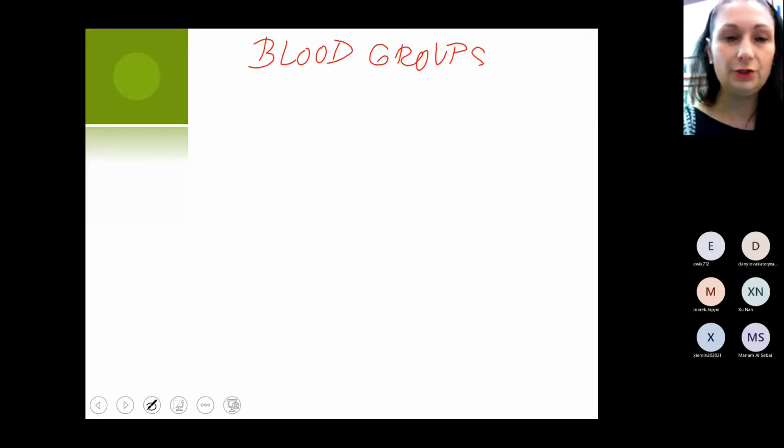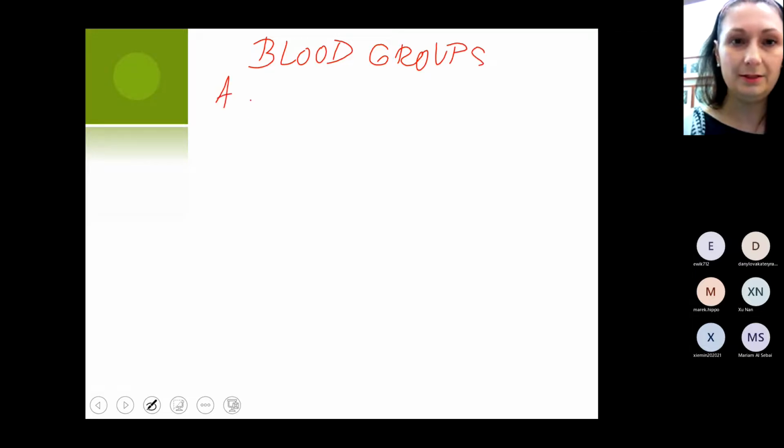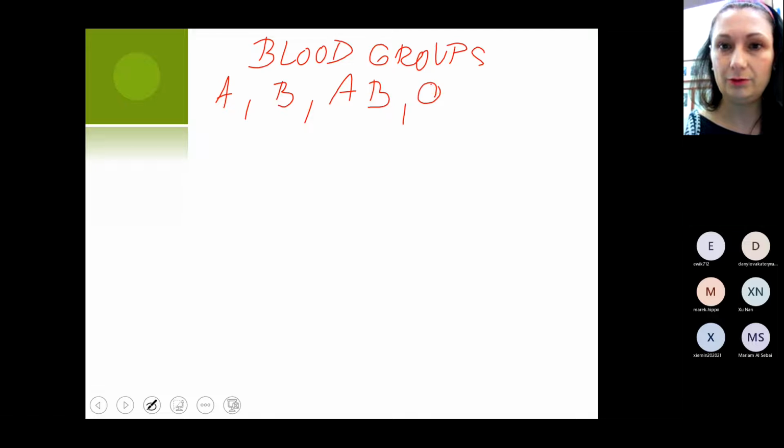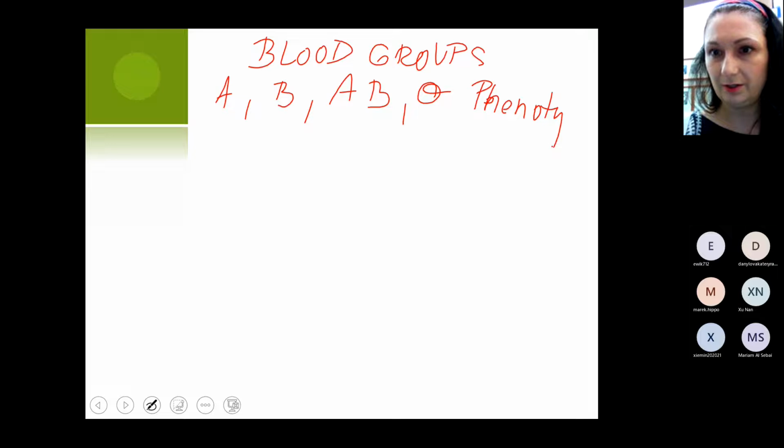So in general, we have A, B, AB, and 0. This is the phenotype.